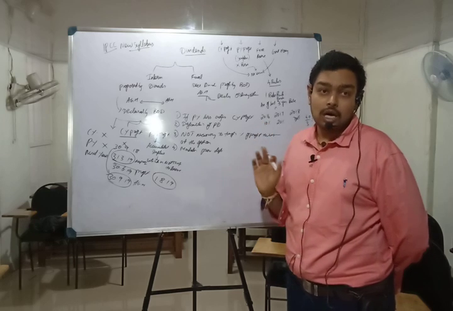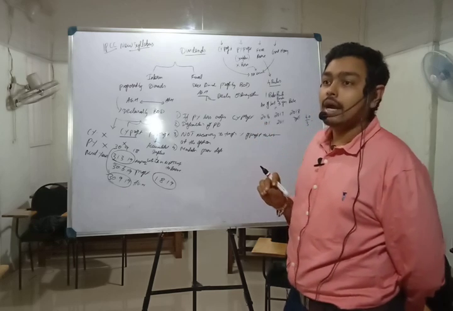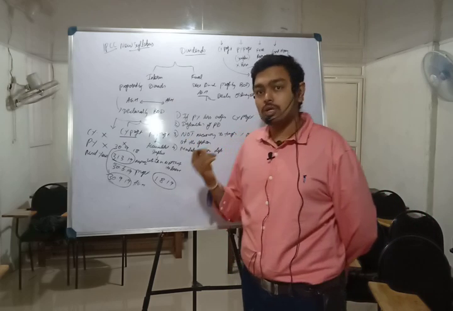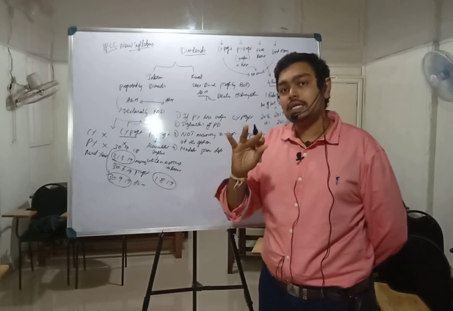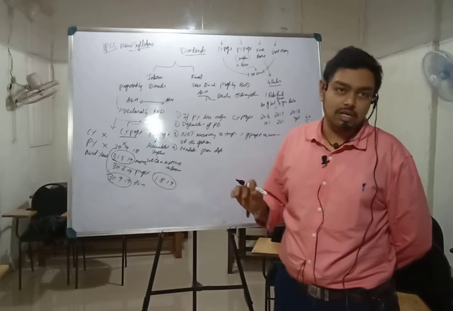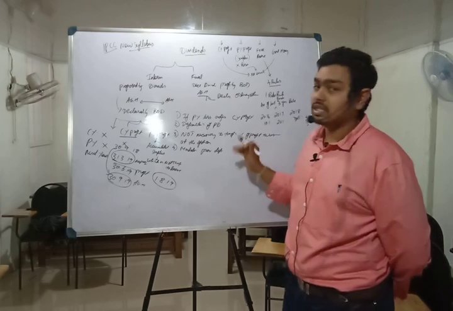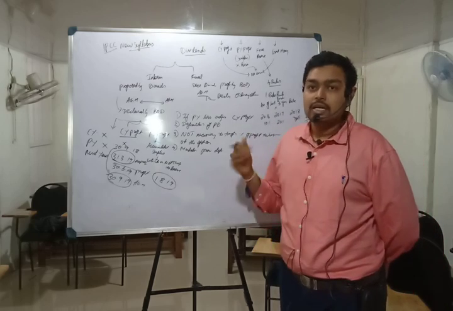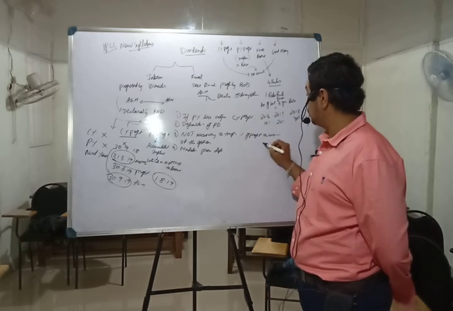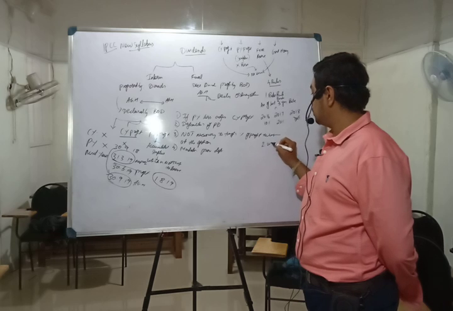That means you can give dividend without following this rule. This rule is applicable only in last 3 years. If you have declared dividend, then only the average of last 3 years will come. If in any one of the 3 years you have not declared dividend, then you need not follow this rule. Understood?